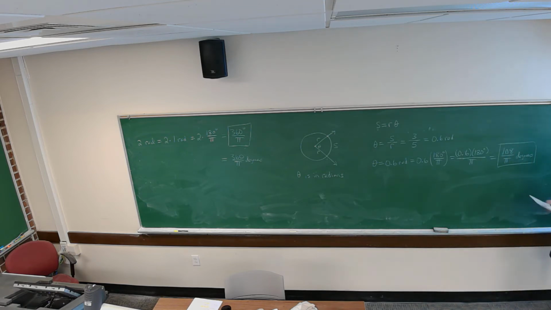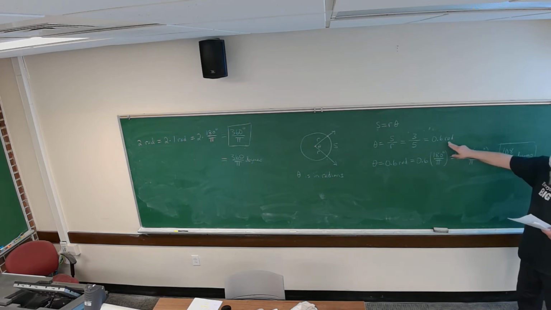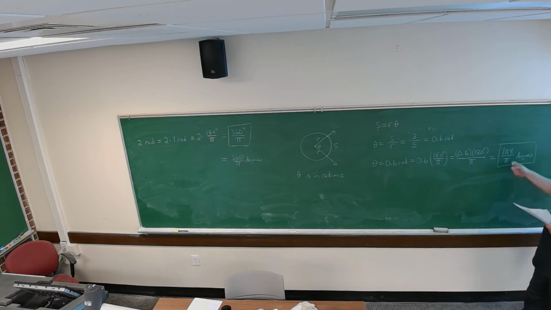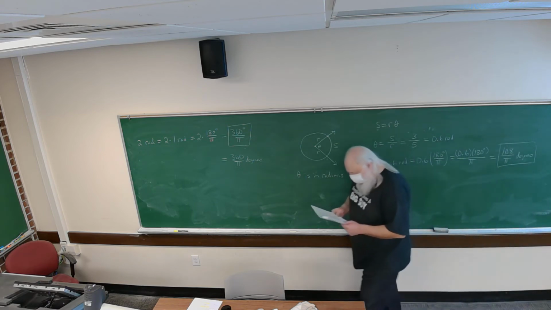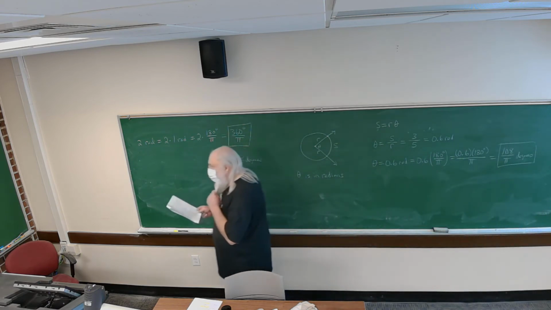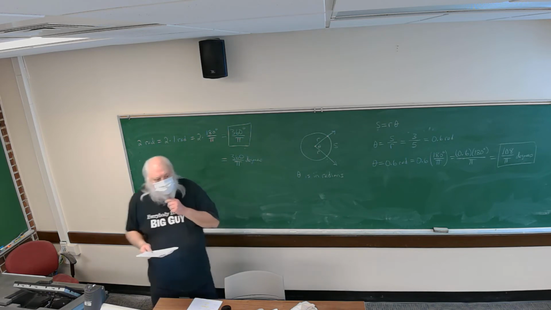So the angle theta in radians has size 0.6 radians. In degrees, its size is 108 over pi degrees. Any questions on that?